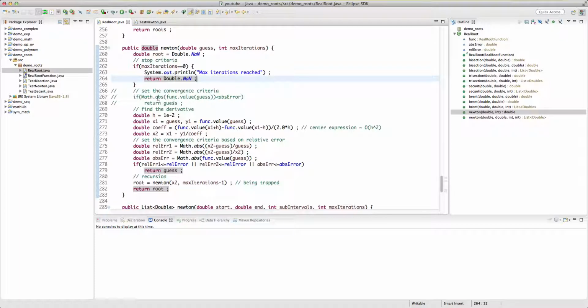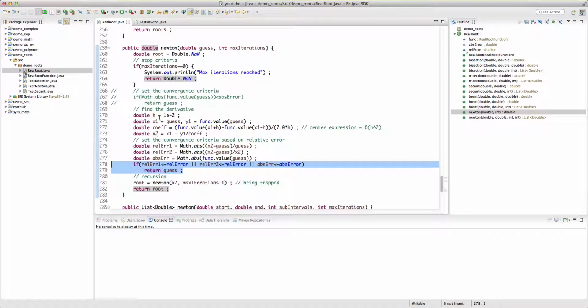But then we also said that if the root is in fact found, the convergence criterion would be that the value of the function is less than the absolute error. Unfortunately, this is not a good convergence criterion. So what I've done here is that I changed it.